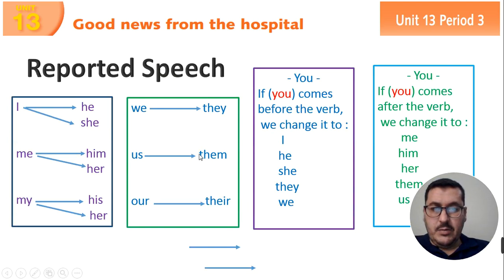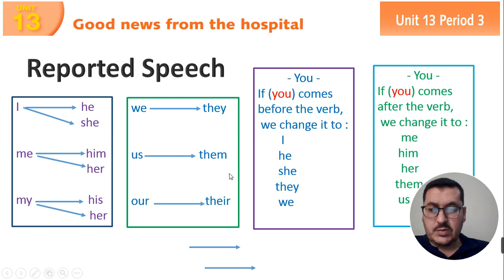At the beginning, everyone, I want you to keep in mind, take into consideration that if we have a sentence with I, the speaker is either he or she. So when we have me in the sentence, we change it to him, her. When we have my, we change it to his and her. Also, when we have we in the sentence, we change it to they.